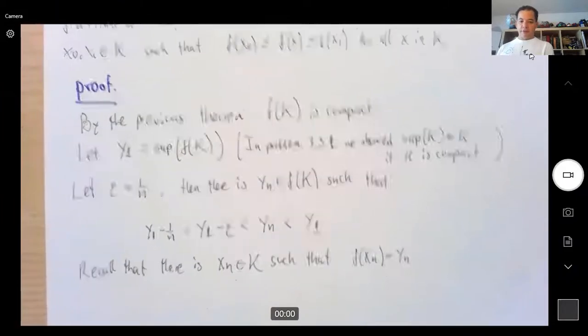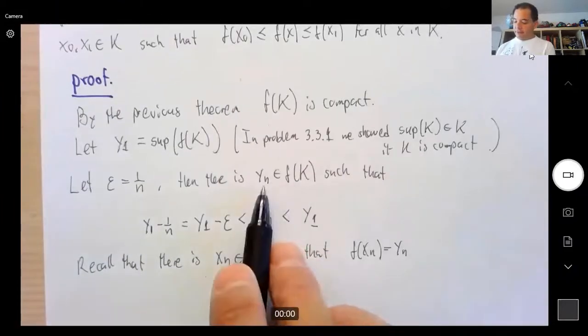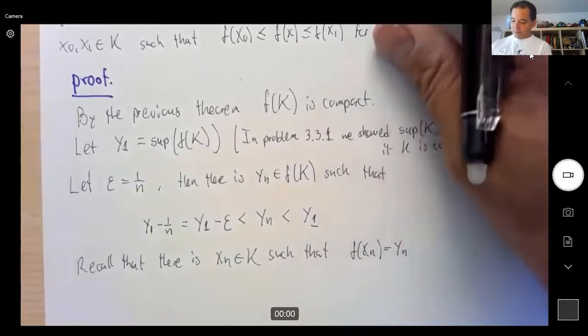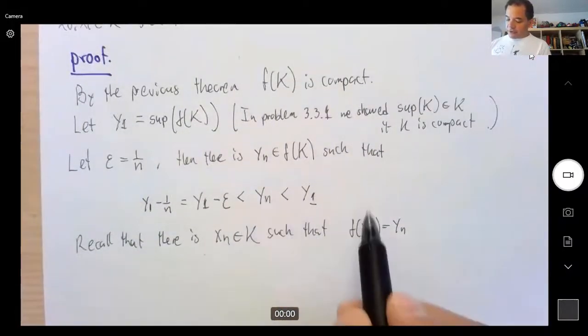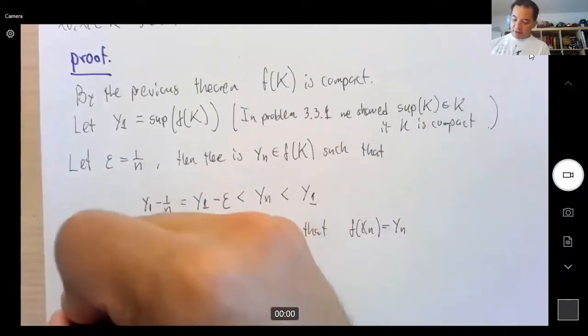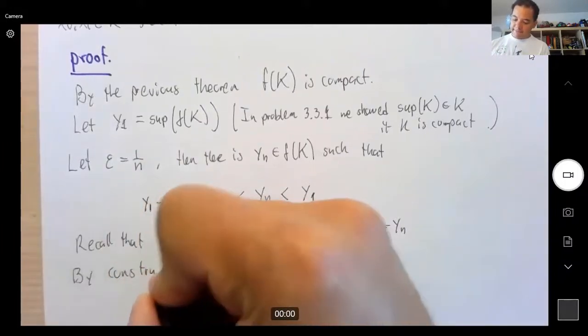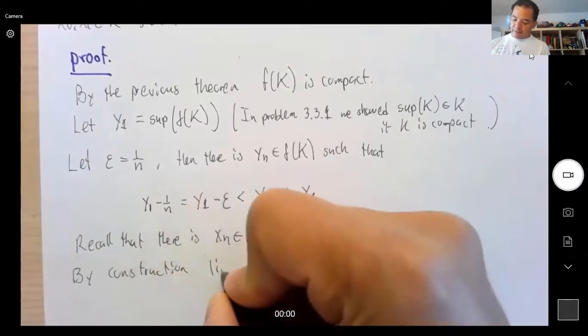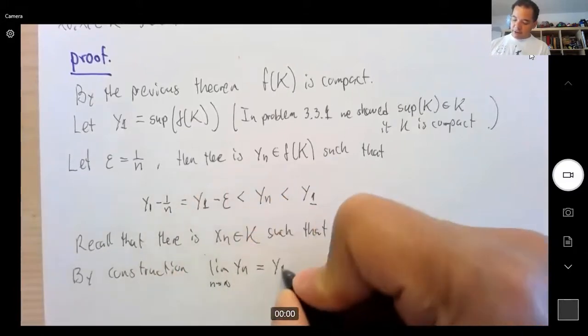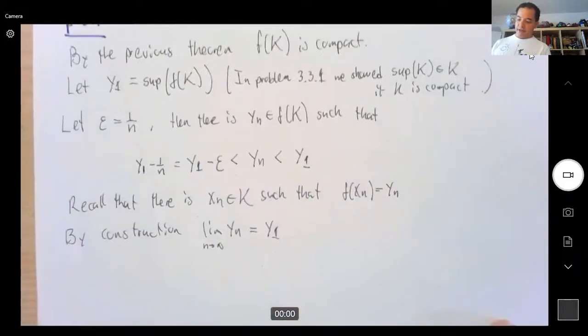That's just the way we are defining the fact that it belongs to the image set. Okay, and then the sequence of points yn will converge to y1 by this definition, right? So by construction, the limit of yn is y1, correct? So that means y1 is a limit point.